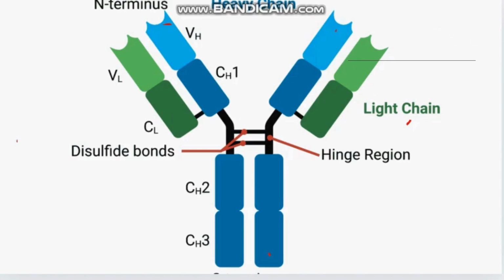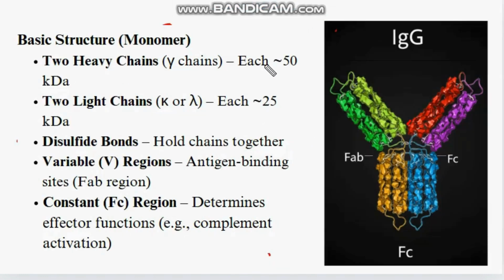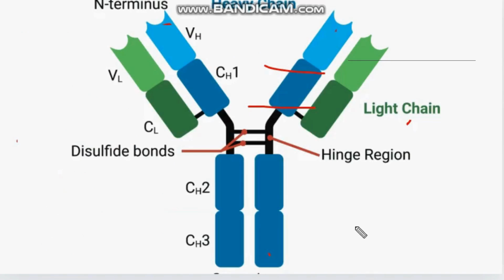So this KDa, that is the dissociation constant, will determine how much affinity the antibody has towards the antigen. The higher the dissociation constant, the lesser the affinity towards antigen binding.